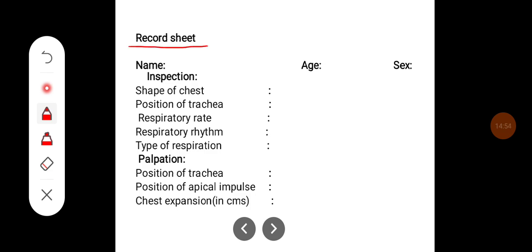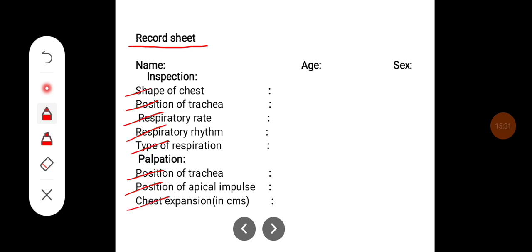Then the report should be written in the following manner. You have to write all the headings: inspection, palpation, percussion and auscultation. In inspection, you must mention the shape of the chest, position of the trachea, whether it is central, the respiratory rate, the respiratory rhythm, and the type of respiration. In palpation you confirm these findings, confirming the position of the trachea and the position of the apical impulse, which is just medial to the mid-clavicular line on the left side.